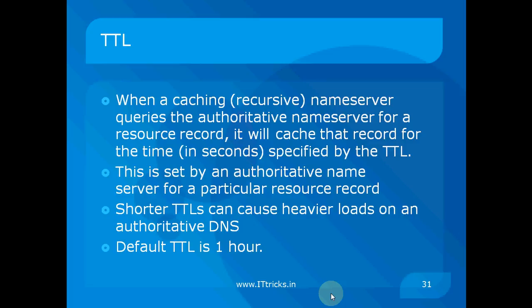But if the TTL is very long, then the problem is, if you make any changes to the DNS, those changes will not be implemented for the clients. Either they need to clear the cache memory, or the TTL needs to expire. So that's why we keep the TTL at an intermediate time period, that is, 1 hour.